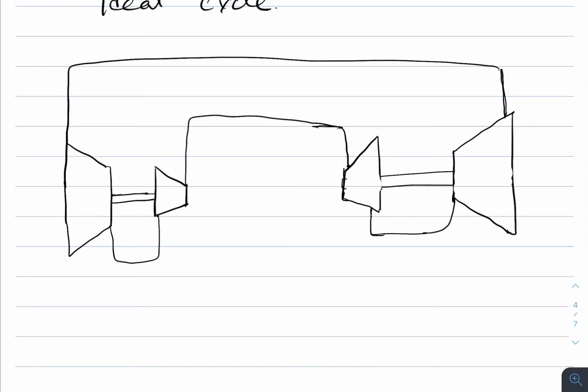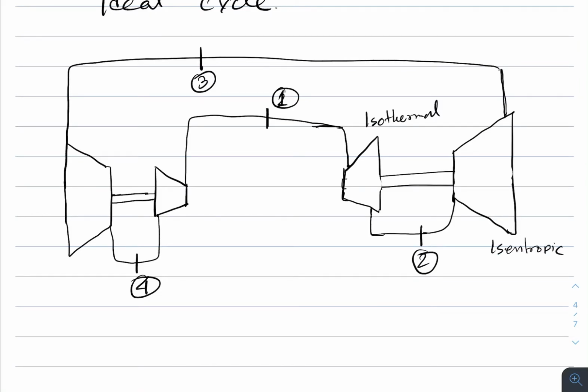All right, so now what is happening? Let's consider state 1 is here, starting here, and then this is state 2, this is state 3, and this is state 4, right? In this arrangement, this turbine is an isothermal turbine, and this turbine is isentropic.